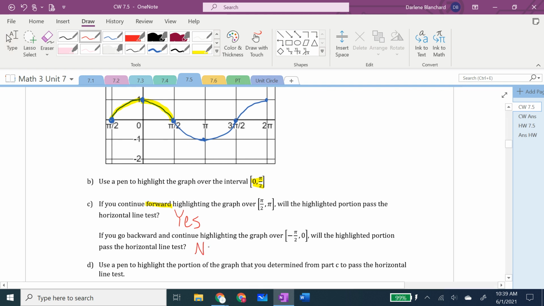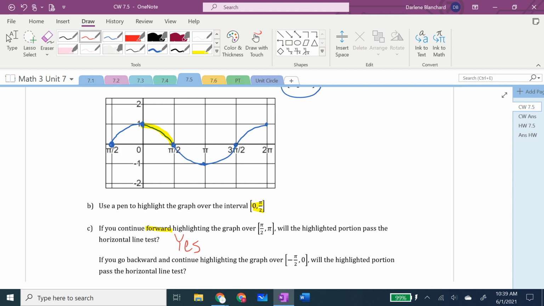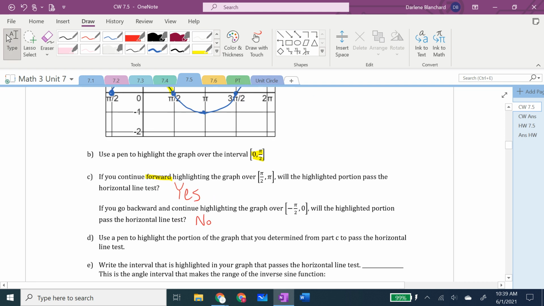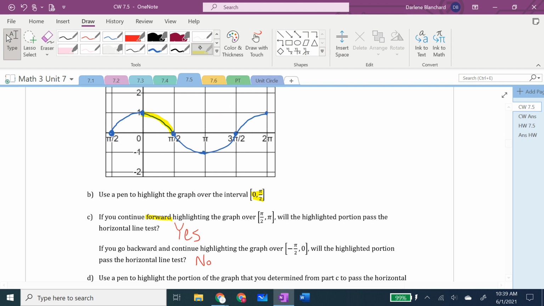And the answer is no, it will not. But now I'm going to have to write no again. There we go. And then part D is to highlight what does pass.